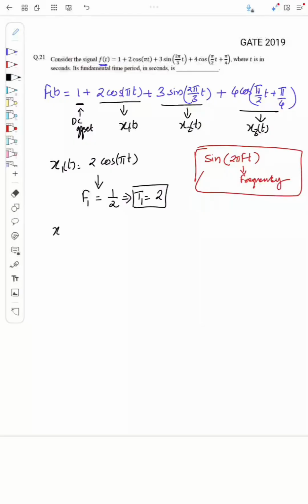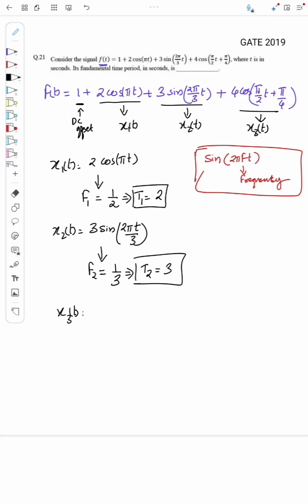Similarly, I have x2 of t equal to 3 sin 2 pi t by 3. Similar to the previous, the frequency of this signal x2 of t, I will call it f2, will be equal to 1 by 3, which means its time period t2 will be equal to 1 by f2, that is 3. Similarly, I have x3 of t equal to 4 cos pi by 2 t plus pi by 4.